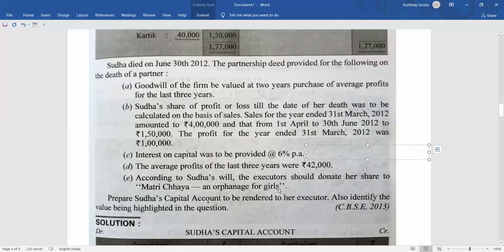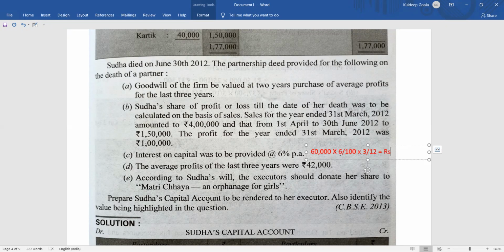So what will be the amount? The capital was 60,000. And the interest rate is 6%, so 6 by 100. And the duration is 3 months, so 3 by 12.